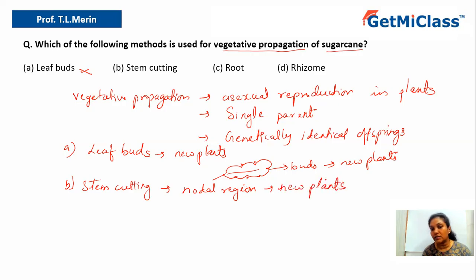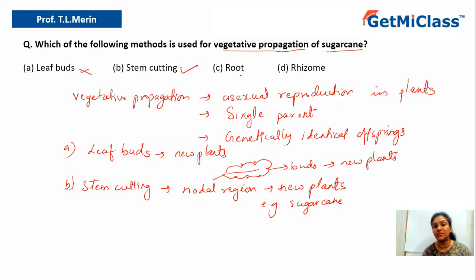The best example is sugarcane. What we will do is cut the part of the stem which consists of the node, and then plant it into the soil, and you can see the growth of a new plant. We are not talking about the internodal region, we are talking about the nodal region. Hence, option B is the right answer.